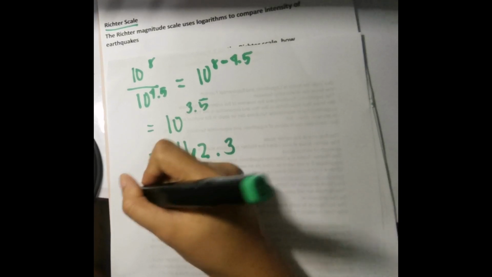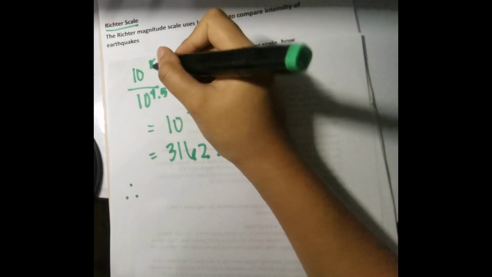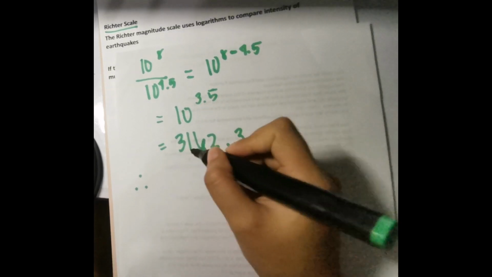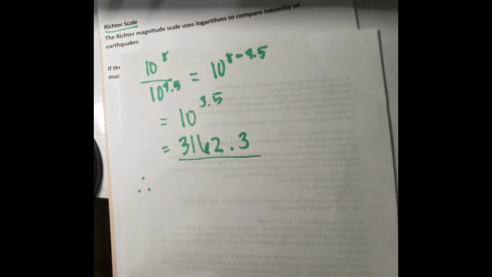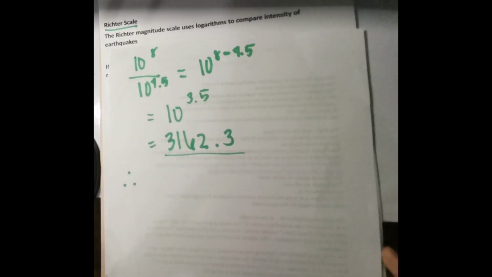So in conclusion, an earthquake that measures 8 on the Richter scale is about 3,162 times more intense than an earthquake that measures 4.5. So that's all, and thank you for watching.